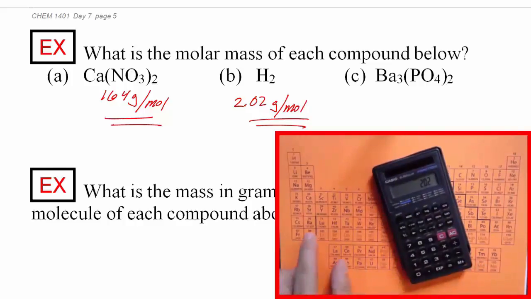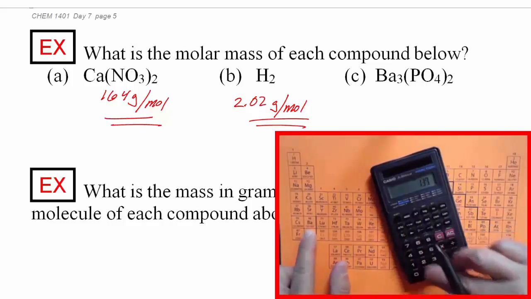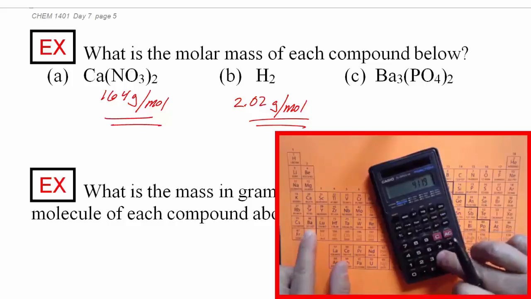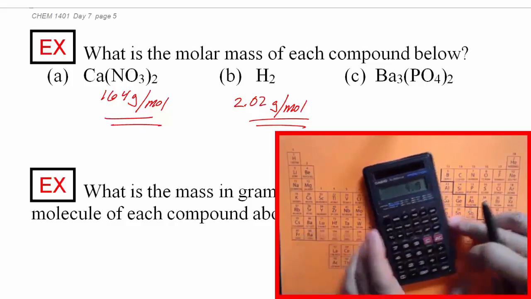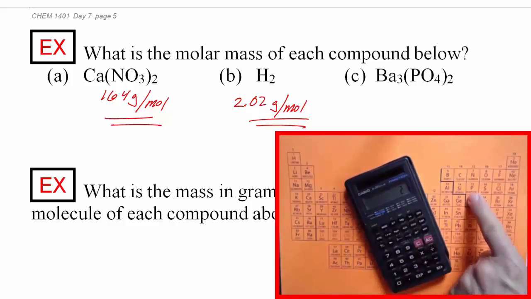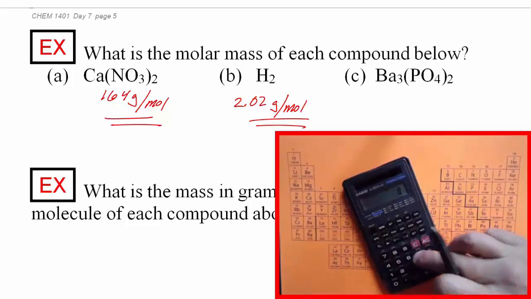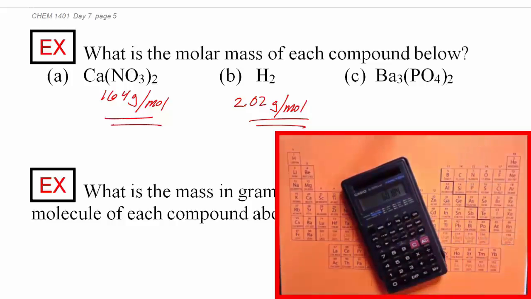So I need 3 bariums, 137.3 times 3 plus 2 phosphorus, 2 times 30.97 plus 8 oxygens, 8 times 16, about 602.